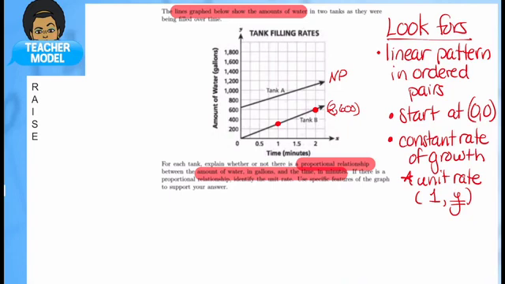For each tank, explain whether or not there is a proportional relationship. So tank A does not represent a proportional relationship.